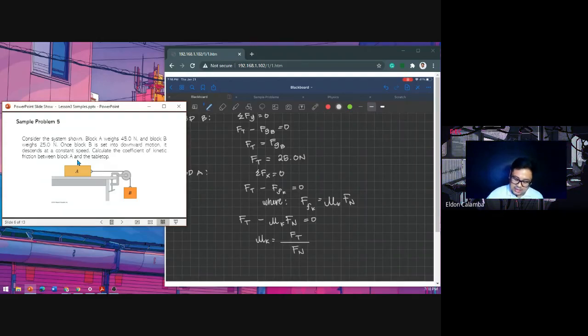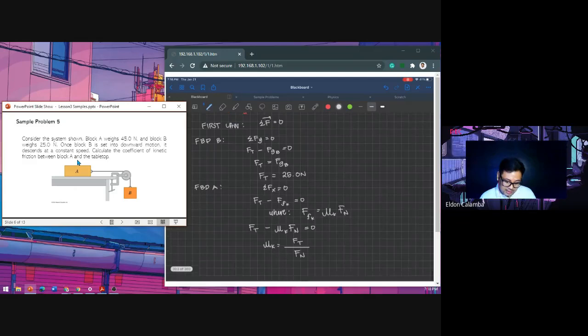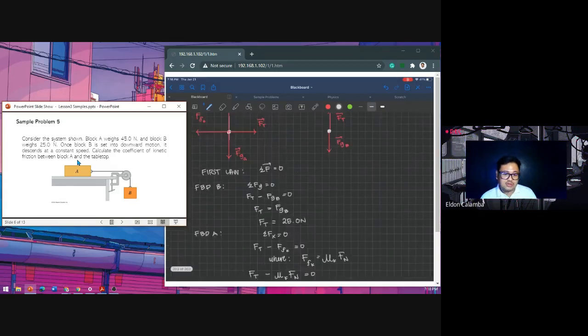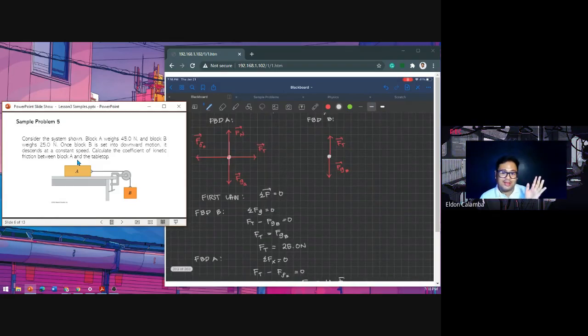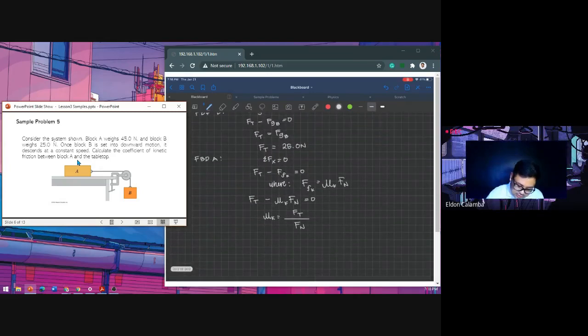Ayan. That is algebra. So, para makuha ko si mu k, kailangan ko si tension force. Na-solve ko na yan siya kanina, and that's 25 newtons. Pero, wala akong normal force. So, si normal force, by inspection, nasa summation of forces sa y. Using pa rin FBD of A, summation of forces sa y equal to 0.